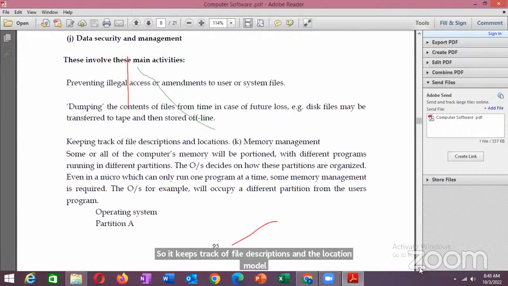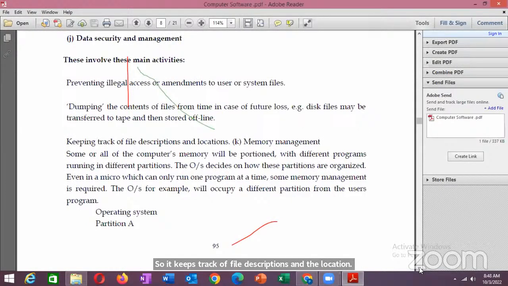Memory management: some or all of the computer memory will be partitioned, with different programs running in different partitions. The operating system, which is the OS, describes how these partitions are organized. Even in a micro, which can only run one program at a time, memory management is required.